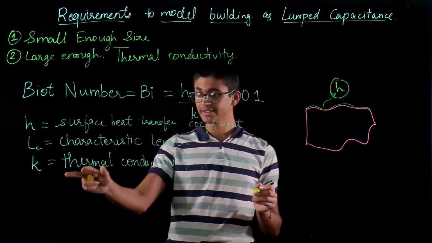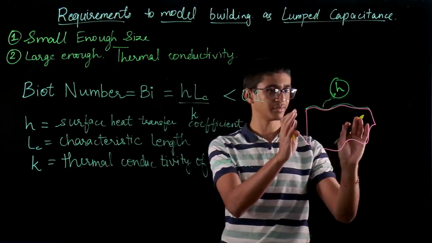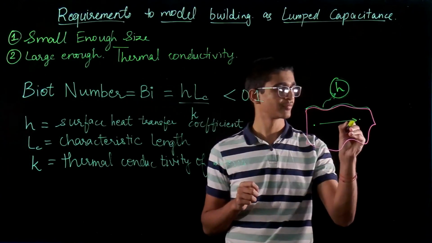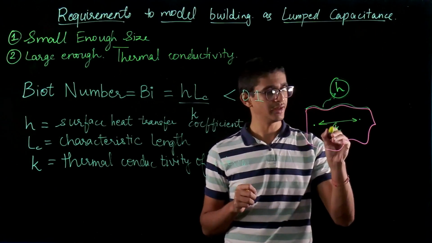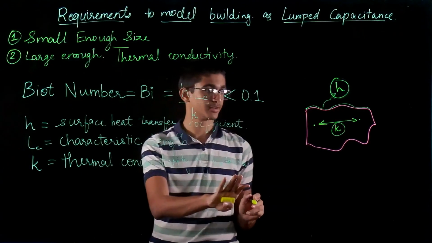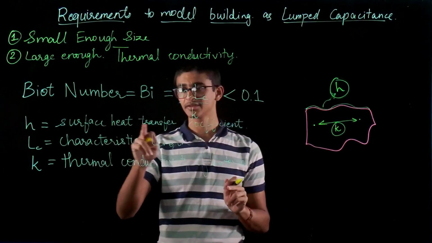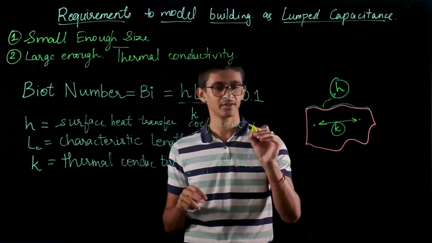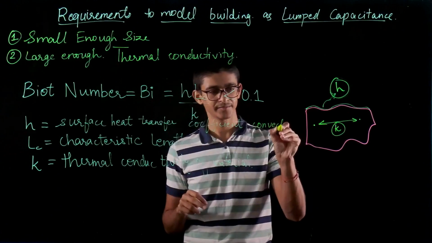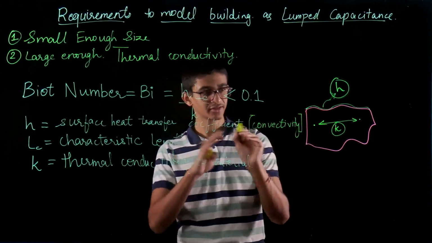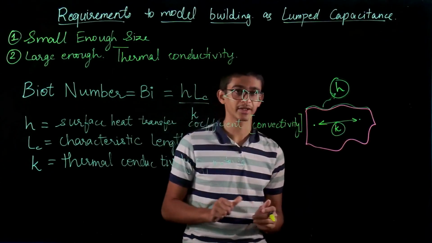The heat transfer inside my body, this is my material, and the heat transfer from this location to this location is determined by k. k is the thermal conductivity of the material, which is used in Fourier's law. h is the surface heat transfer coefficient, which is the convectivity, which is used in Newton's law formula. I'm just giving an analogy so you do not get confused.